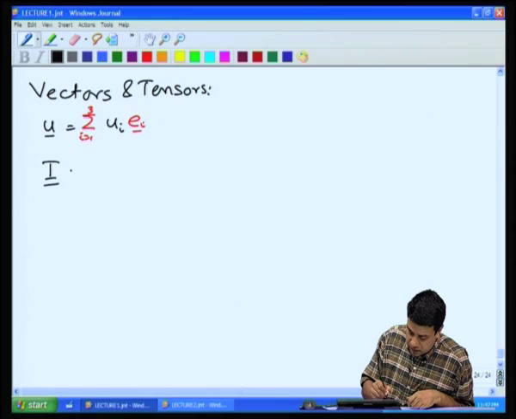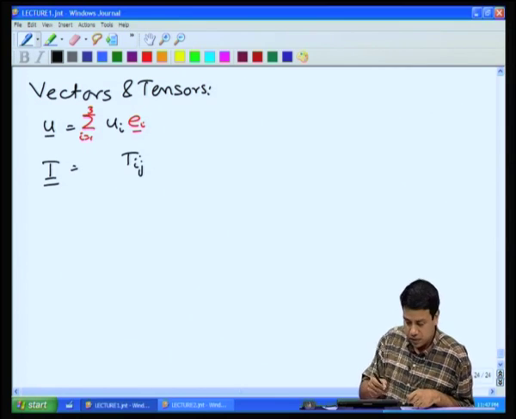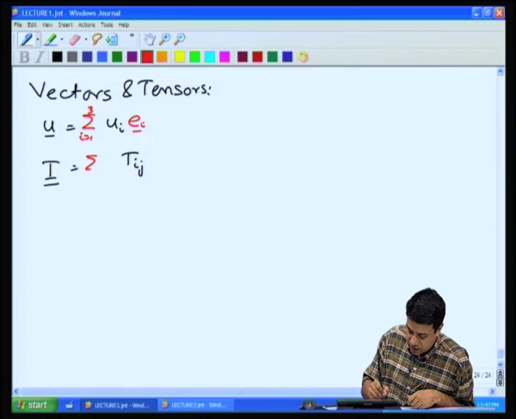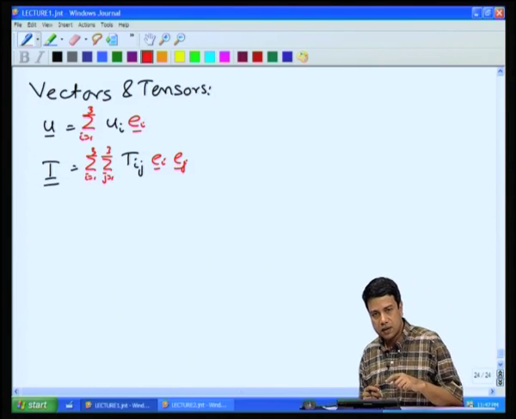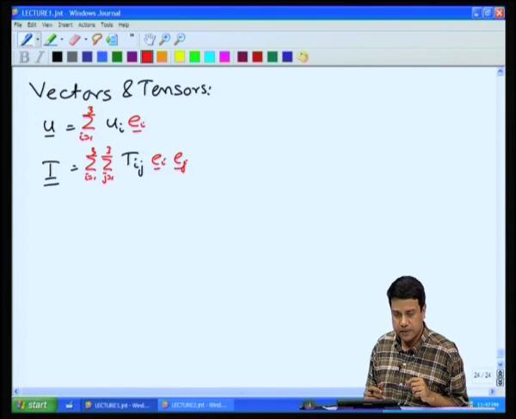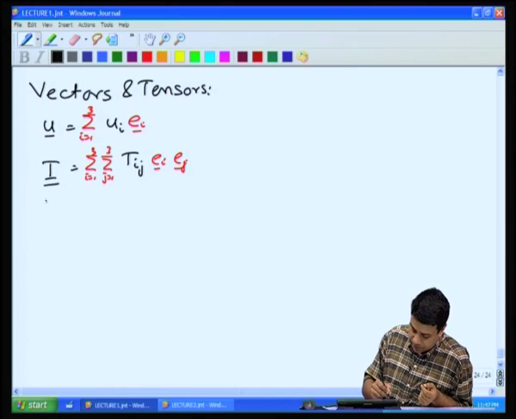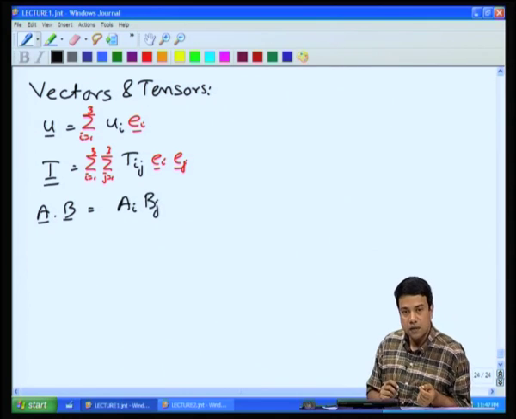Second order tensor is written as Tij. Implicit is that there are two summations, one for each of the unrepeated indices, and two unit vectors. The dot product is equal to ai bj.